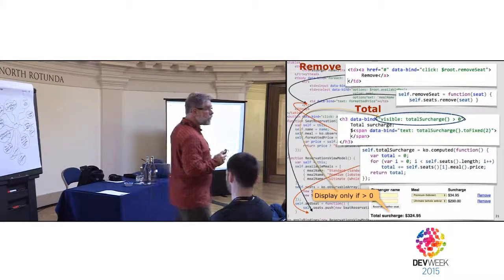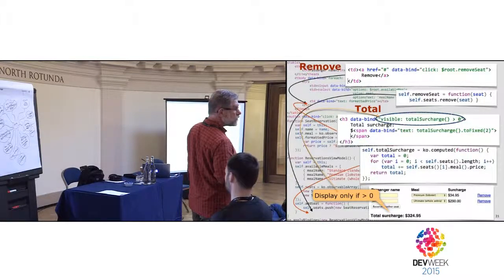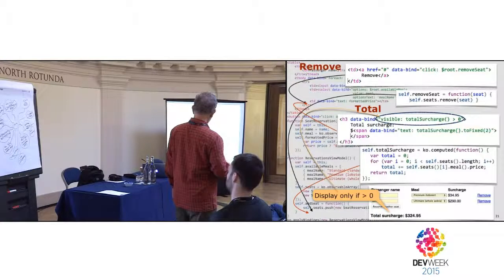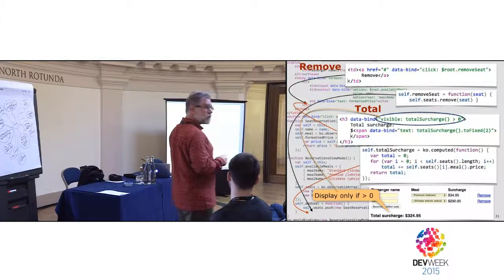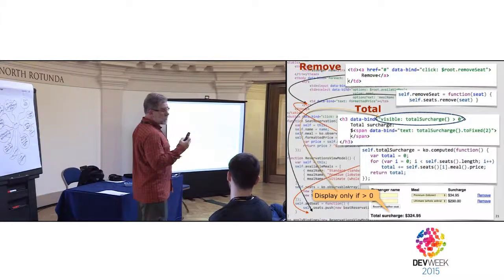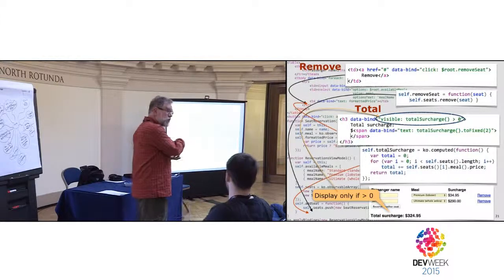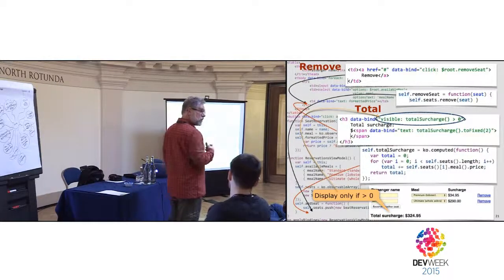What does the total show? The full array or what is up in the view? The full array. Because notice that the total surcharge here is acting on this seats array down here. It's not going up to the DOM. So it's just going to total up this other seat array. Now, of course, if you wanted to just do the view, you could rewrite this function so it just looked at the DOM itself and pulled values out of the DOM to total the value.